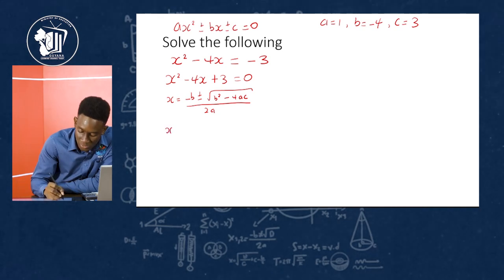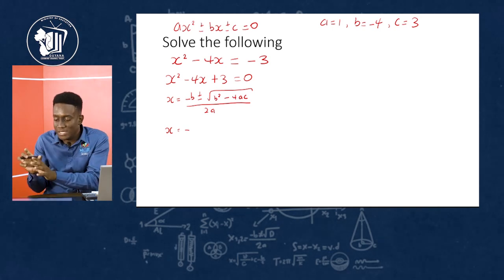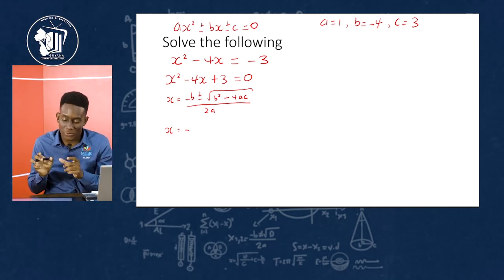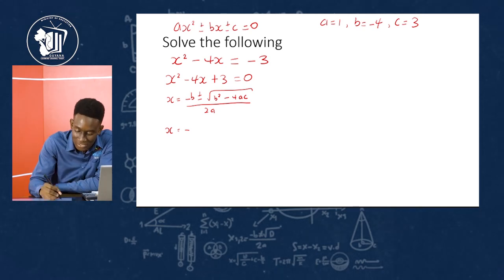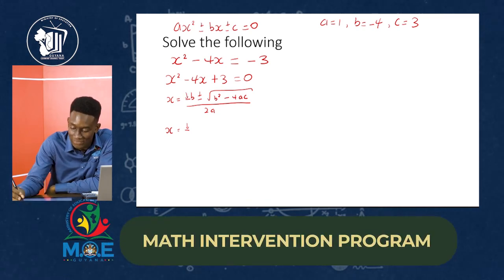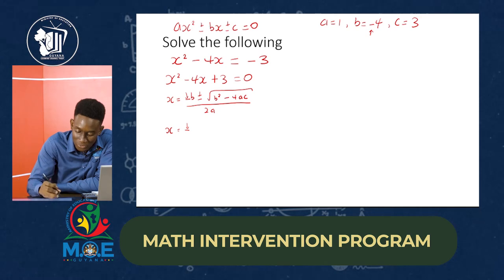So we see x will be equal to negative, and we see b again is negative 4. So we have to put that negative 4 in place of b. So this is negative, and this negative here is this negative sign. So I don't want us to get confused and think the negative is this negative. No. So that's just one thing I want us to note.